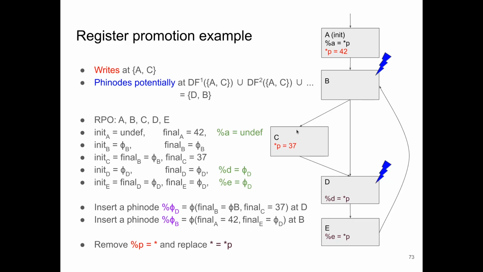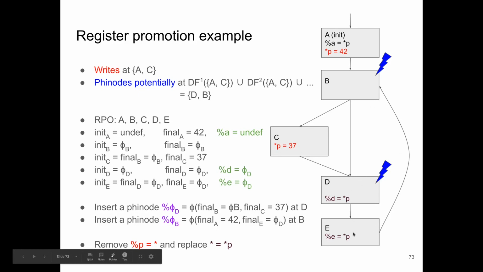So we have a store at C, and C's dominance frontier is D because C has an edge to D, and D is not dominated by C, because it is dominated by B. As a result, D is the dominance frontier of C. Furthermore, B is the dominance frontier of D because D dominates E and E has an edge to B, and B is not dominated by D. So the meaning is that this domination ends at this edge.